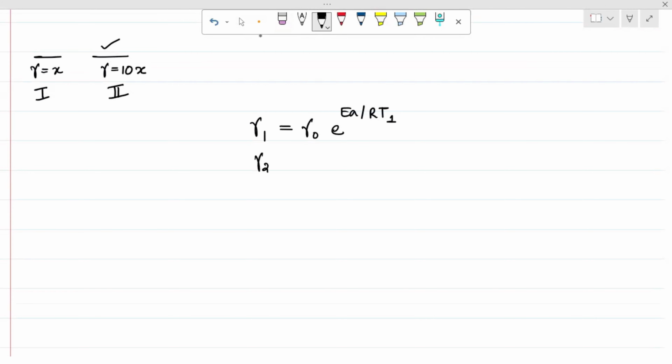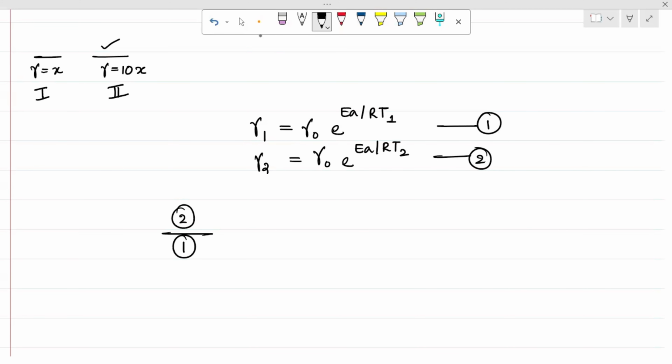And then you have gamma 2, which is equal to gamma naught e to the power EA by RT2. We are assuming that the desorption activation energy at the two temperatures does not differ. Let's divide 2 by 1 or 1 by 2. Anything is fine. You're going to get the same answer.